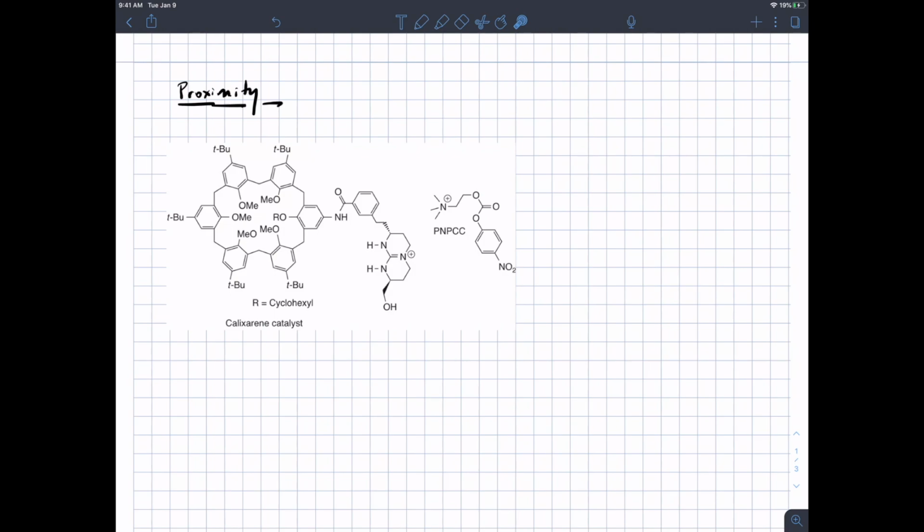The authors designed this catalyst as an artificial acetylcholinesterase. They're probably overselling it because their substrate is not acetylcholine. Nevertheless, if this were an acetyl group instead of a paranitrophenyl carbonate, it would be, well, anyway, yeah.